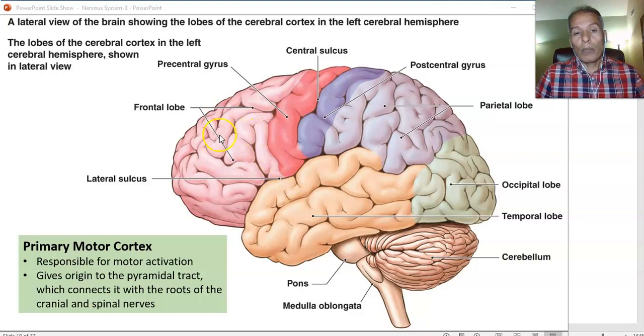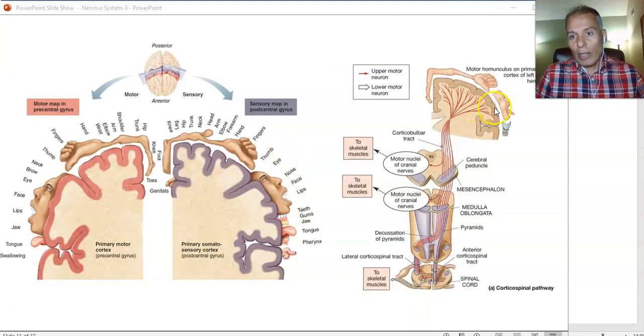And once that motor script is made, checked out, and all edited, it is passed by Broca's area to the speech areas. Then the neurons in this area are activated, and your tongue or your lips are going to do the movements in the same sequence that you wanted them to make.